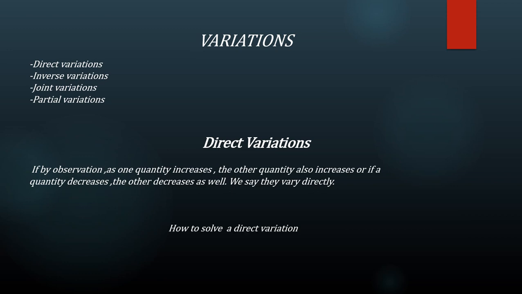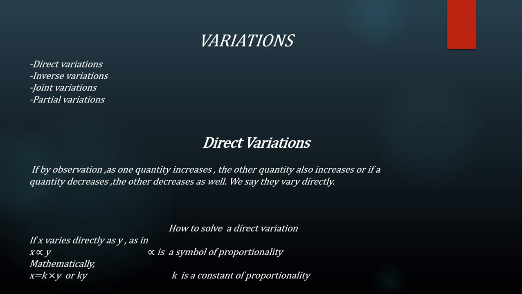And then in variation, this is how we're going to be solving it, mathematically, and then in other forms. So we say if x varies directly as y, as in x varies directly as y, this symbol here is a symbol of proportionality. Note the symbol, note how it's been written.